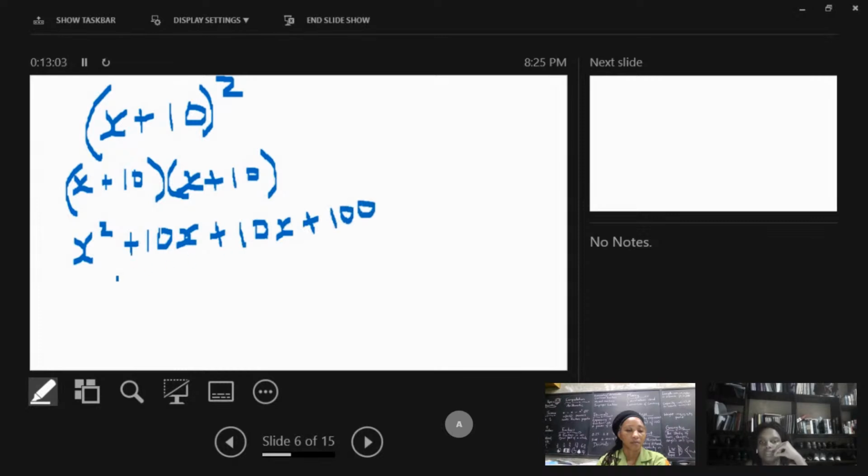So now we're going to add the two x values. So x squared plus 20x plus 100 is going to be our final answer, and it follows the rule of a squared plus 2ab plus b squared. All right, so x squared, that's x squared. 10 squared is 100. And 2 times x times 10 is 20x.